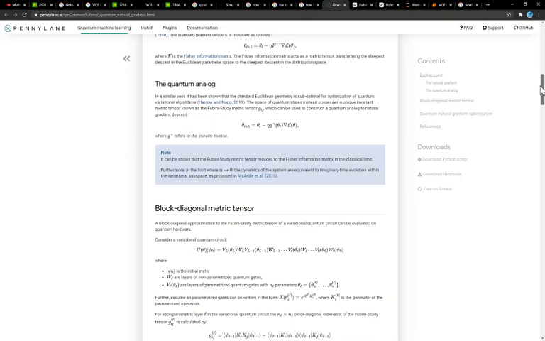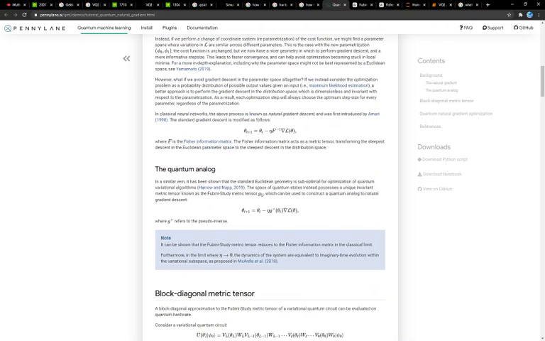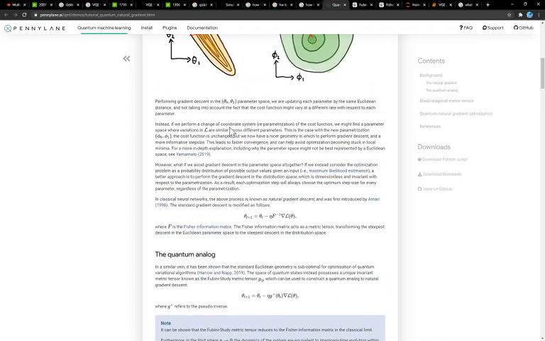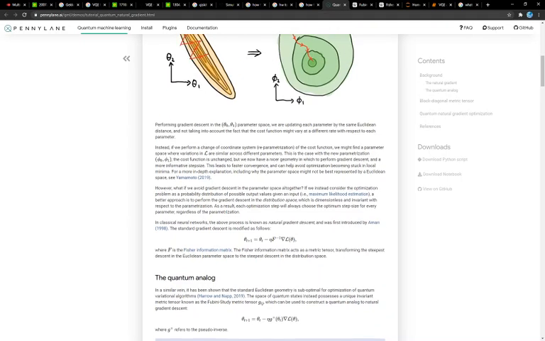What you're doing is you're calculating this matrix that's somewhat like a better measure of distance, representing the geometry of the space better than just using the Euclidean distance, which is essentially what you're doing with the classical gradient descent. Interesting.